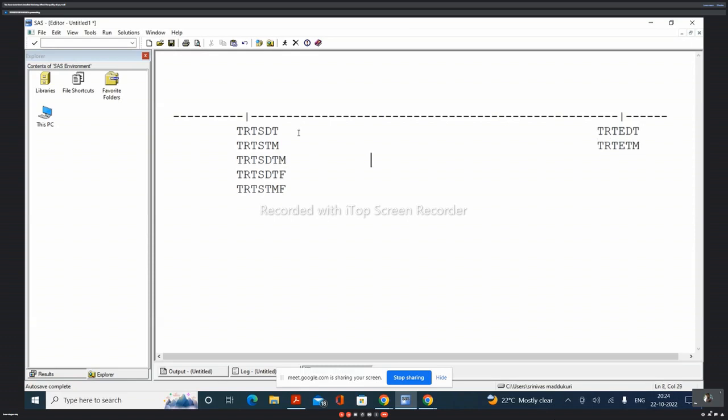Then TRTEDTM, treatment end date and time numeric. Then TRTEDTF, end date imputation flag. Then TRTETMF, end time imputation flag.